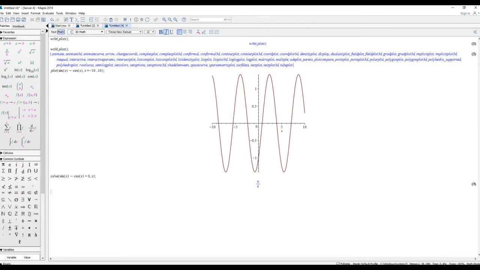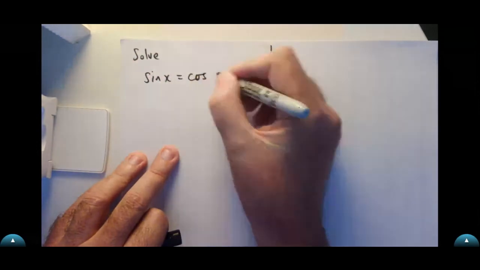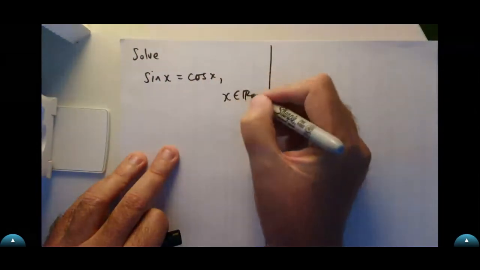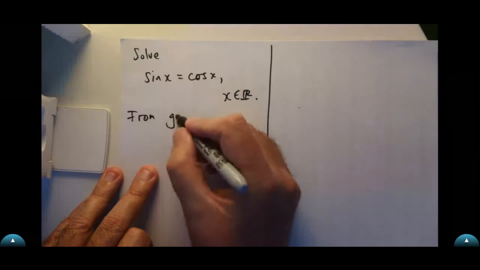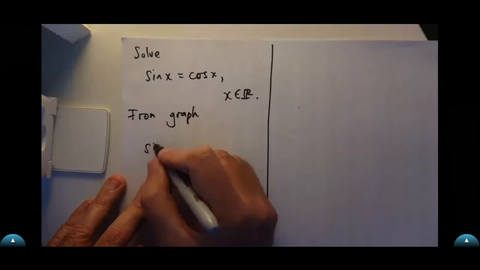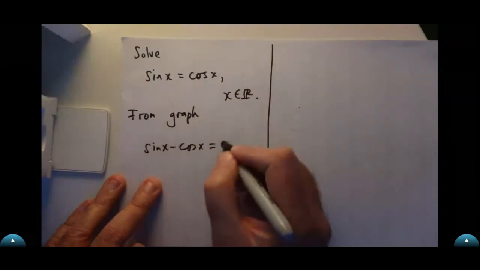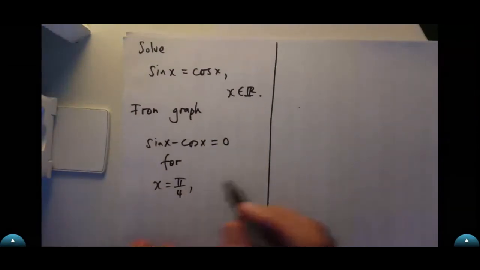Okay, so the solutions for this one then, how would you capture them? Well, if I was writing this out, from our graph you have something like x equals pi on 4, and then you're going to add pi and take pi away.